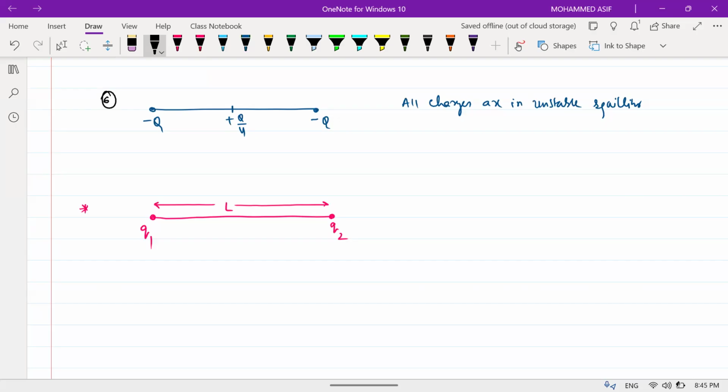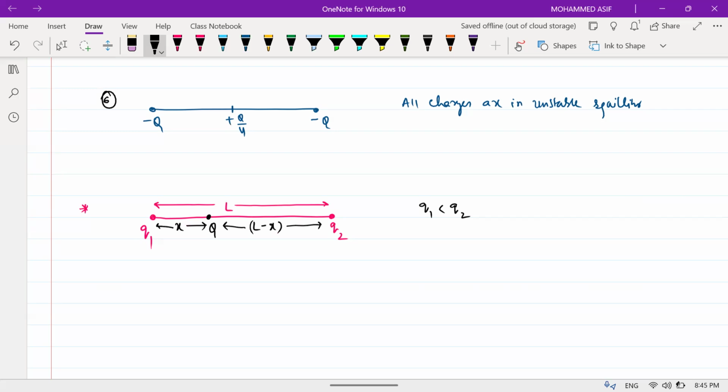The third charge should always be kept nearer to the smaller charge, in between the two charges. Let's say Q1 is lesser than Q2. Then the third charge will be kept here, nearer to the smaller charge. So obviously the remaining distance is L minus X.